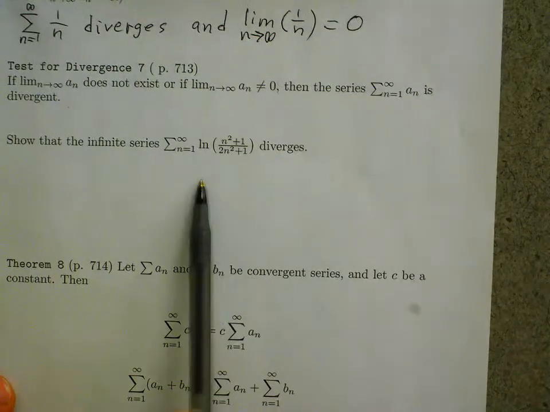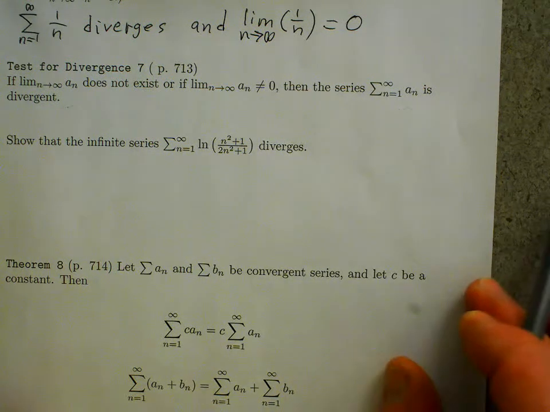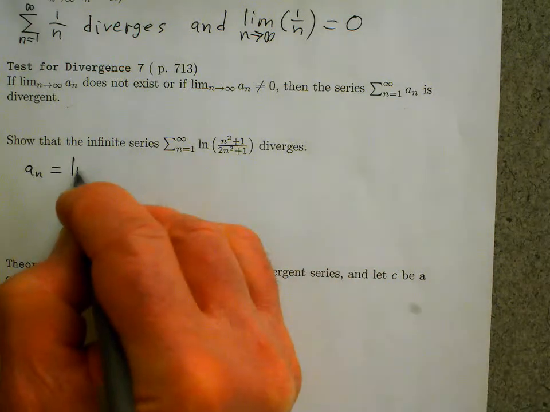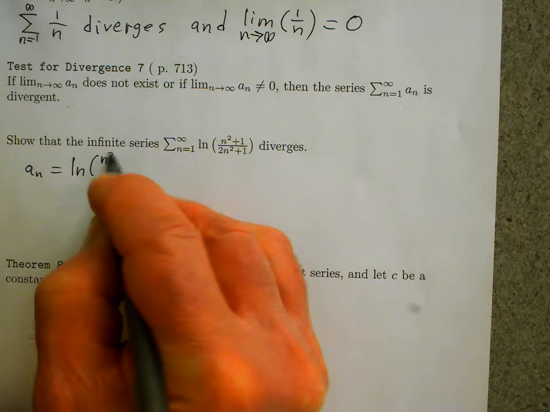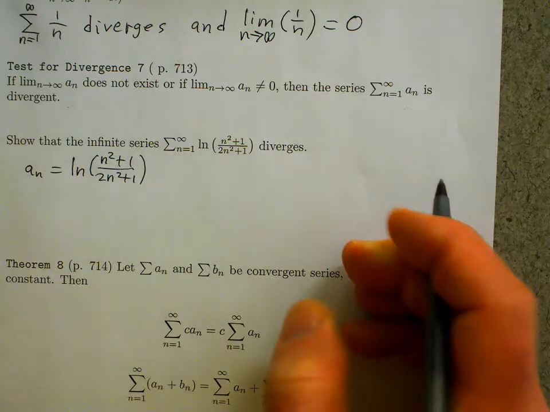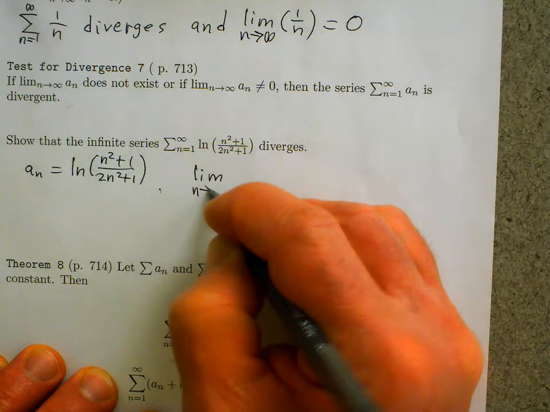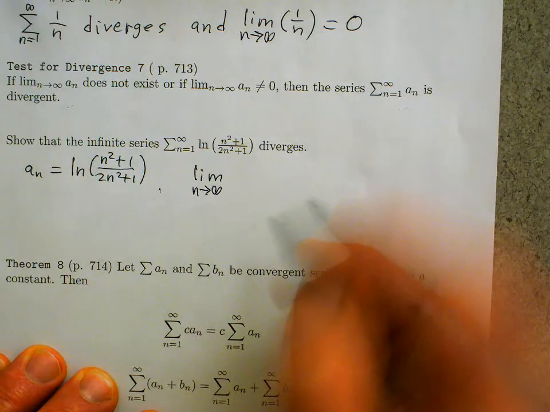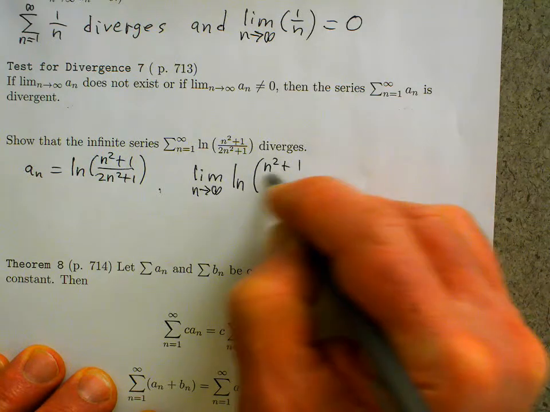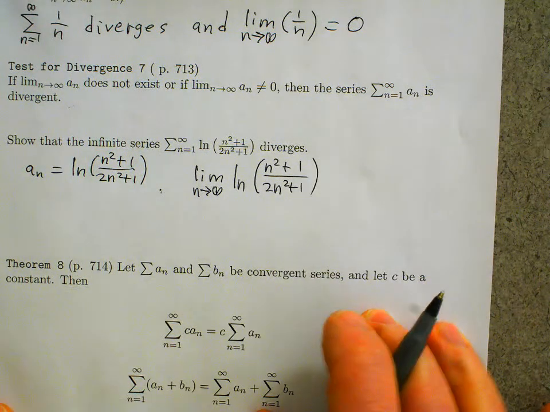Okay, so here's an infinite series that we can show diverges by using the test for divergence. The a sub n terms are the natural log of (n squared plus 1) over (2n squared plus 1). And if we take the limit of a sub n, remember what we can do.